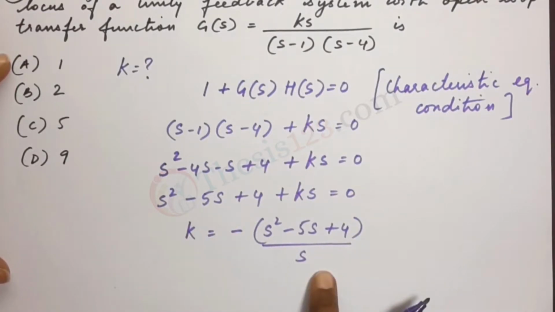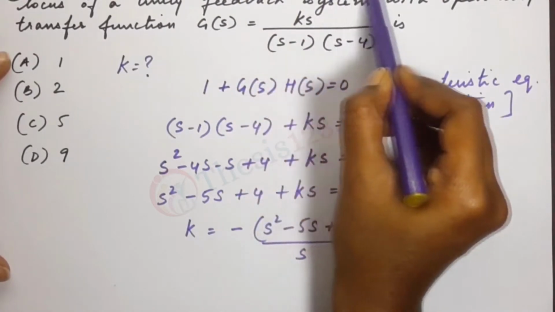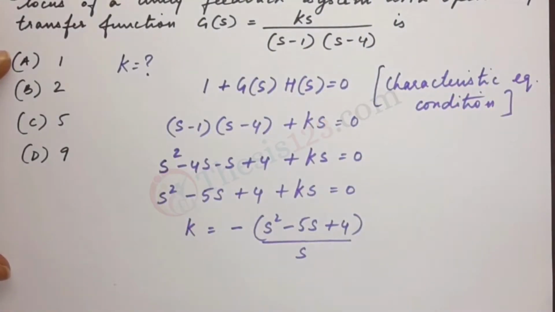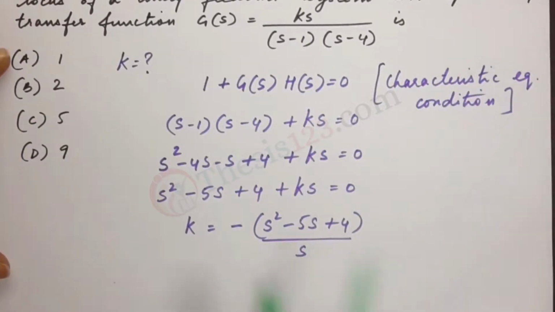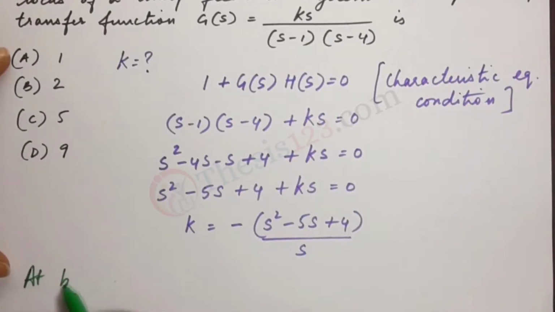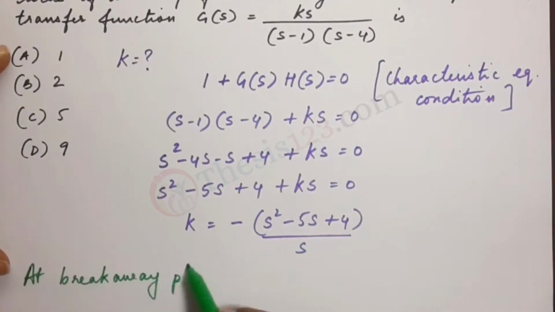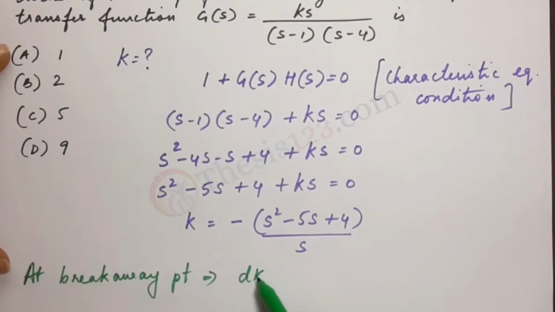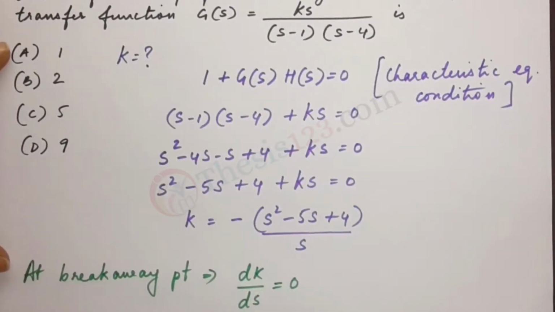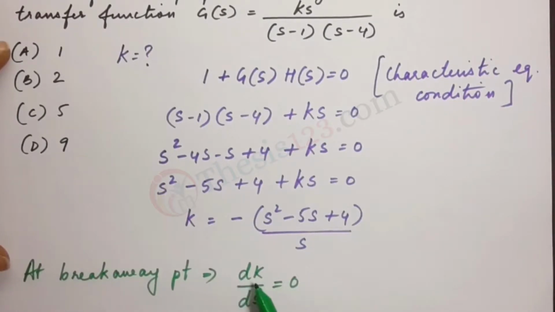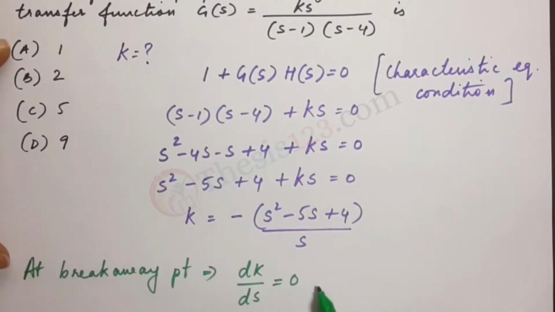Now the question says that we need to find out the breakaway point. Here is an important condition. At the breakaway point, dK/ds should be equal to 0. The differentiation of the gain with respect to s will give us 0.